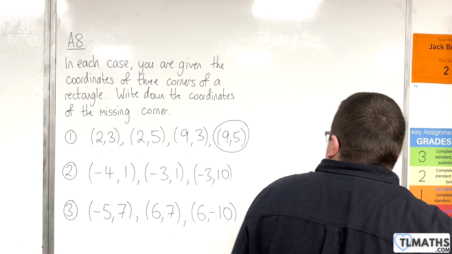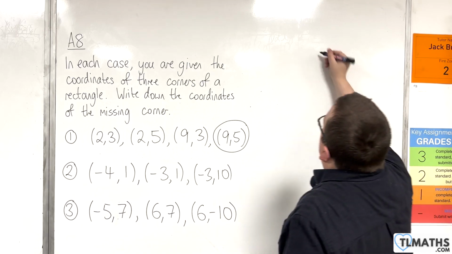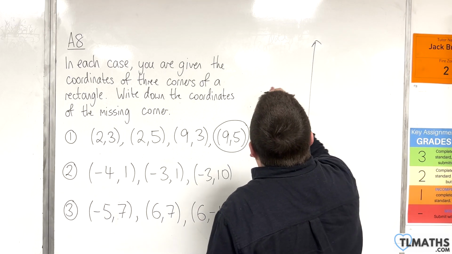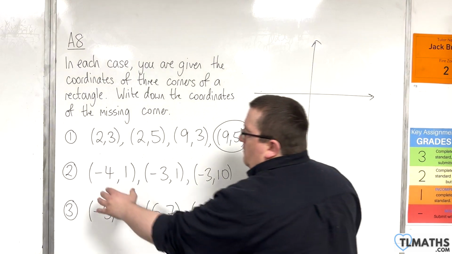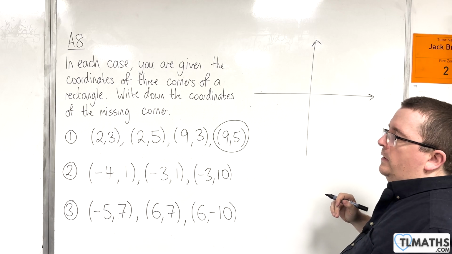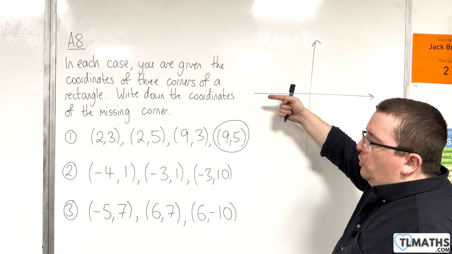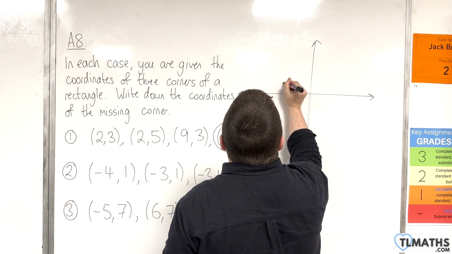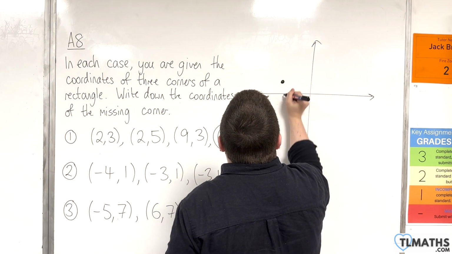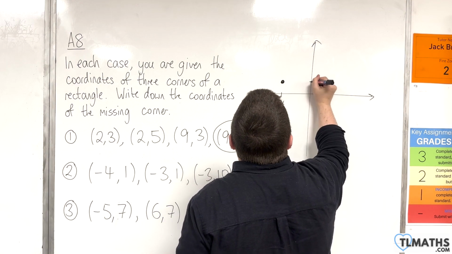I think a diagram is definitely the way to go here. Okay. So, number 2. We have minus 4, 1. Right, so we've got to go 4 along the corridor to the left and then 1 up. So minus 4, 1. So let's place it there, shall we? That's minus 4 and that's 1.